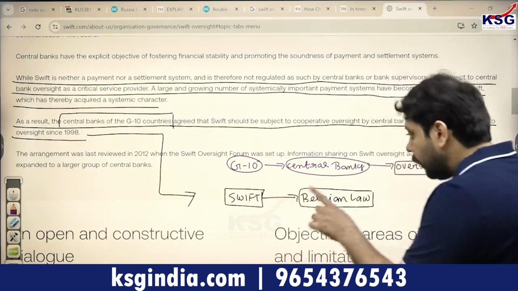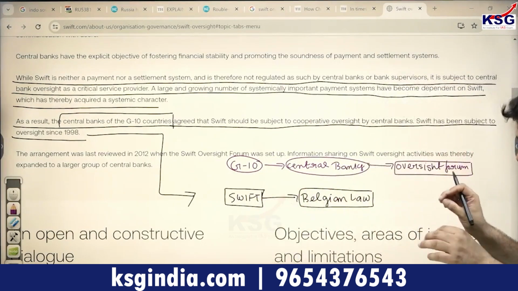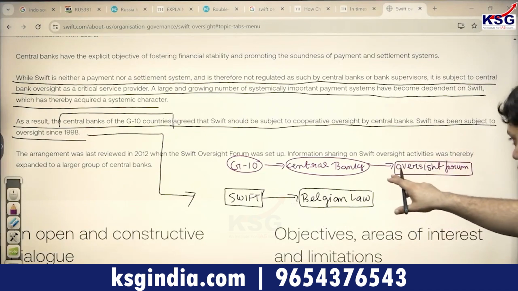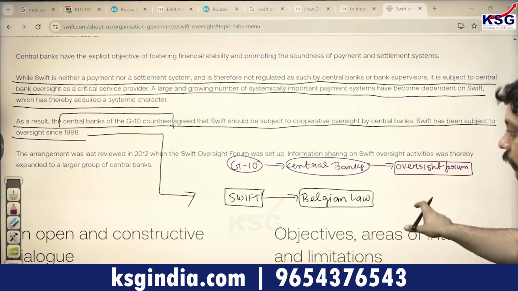Right. So again, SWIFT is a cooperative registered under Belgian law, and it is the central banks of G10 countries that provide the oversight for SWIFT.